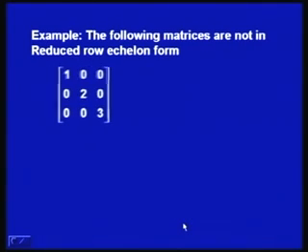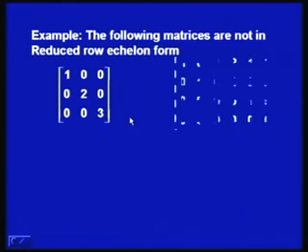However, this matrix is not in reduced row echelon form, because this is a leading one, but this value is 2. This should be the leading one in this row, but the value is 3 here. So, this is not in reduced row echelon form.